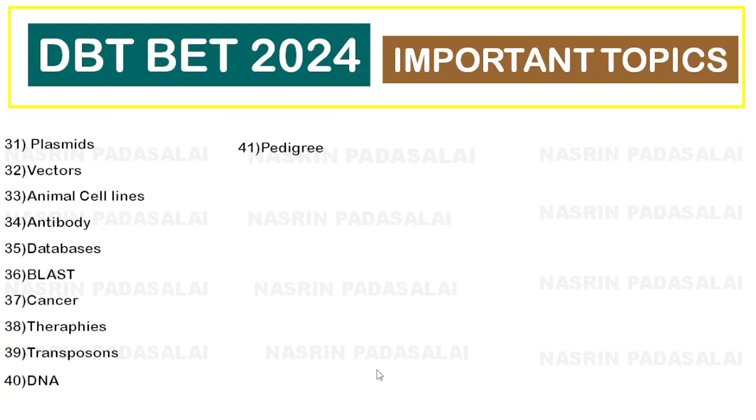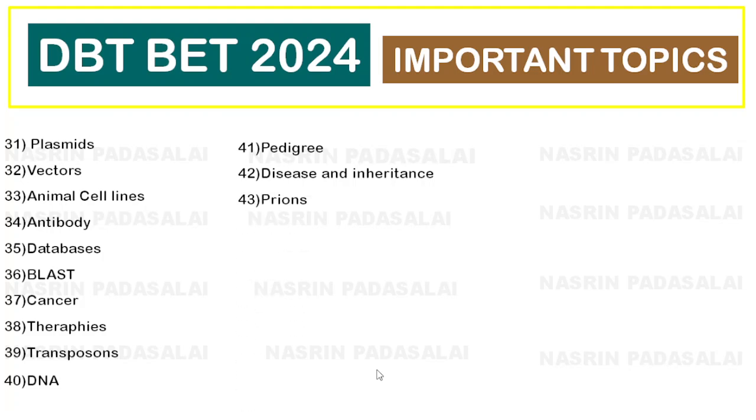Sometimes they will give you a family pedigree and ask you to identify what kind of inheritance that pedigree is depicting, or sometimes direct questions will be asked. Next, as I mentioned earlier, this is the pedigree, disease and their inheritance, whether it is an autosomal dominant pattern, or autosomal recessive, or Y-linked, or X-linked, like that.